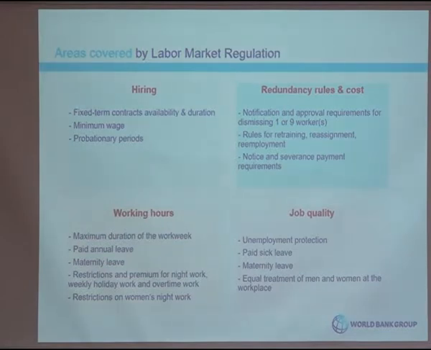We also look at what are the working hours, so what is the maximum duration of the work week. We look at how much is the paid annual leave, what are the maternity leaves, the restrictions on premium for night work, weekly holiday work, and overtime work, and what are the restrictions on women's night work.